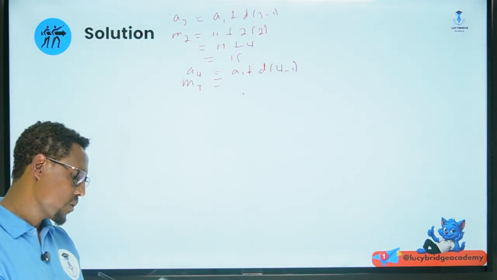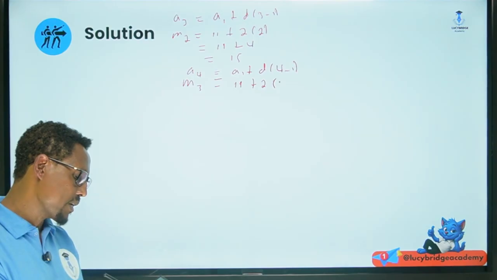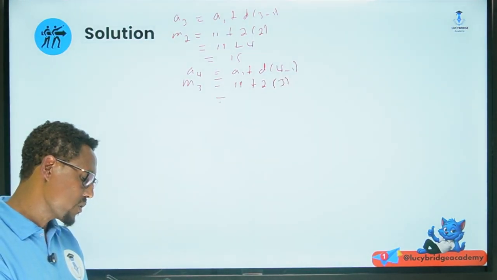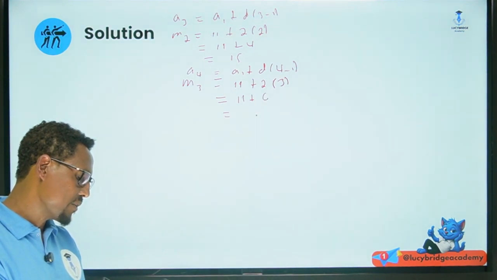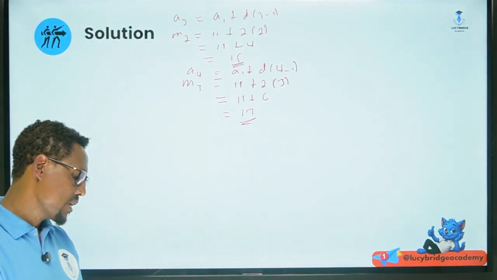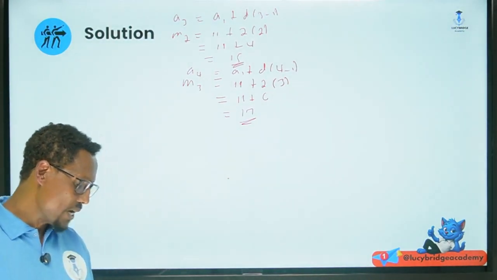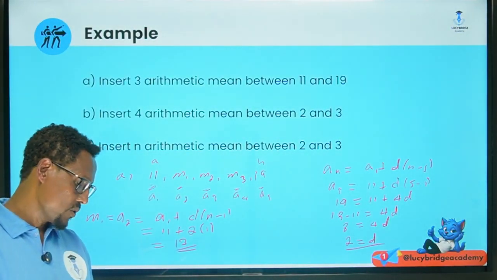Since N is 4, A1 is 11, D is 2, and 4 minus 1 is 3, we get 11 plus 2 times 3, which is 6. 11 plus 6 is 17. This is M3, and the previous one is M2. We are asked to find M1, M2, and M3. So the terms are 11, 13.